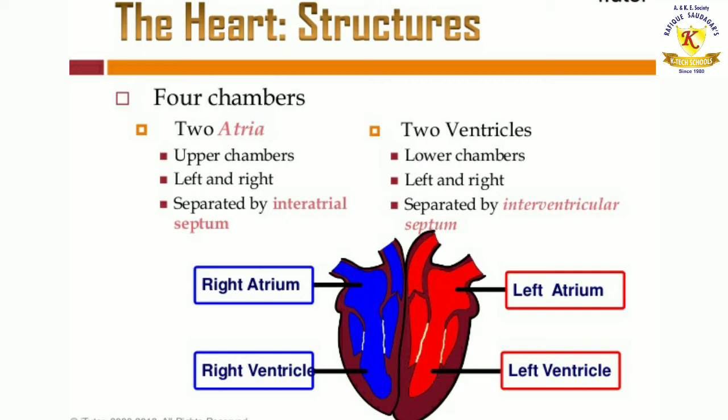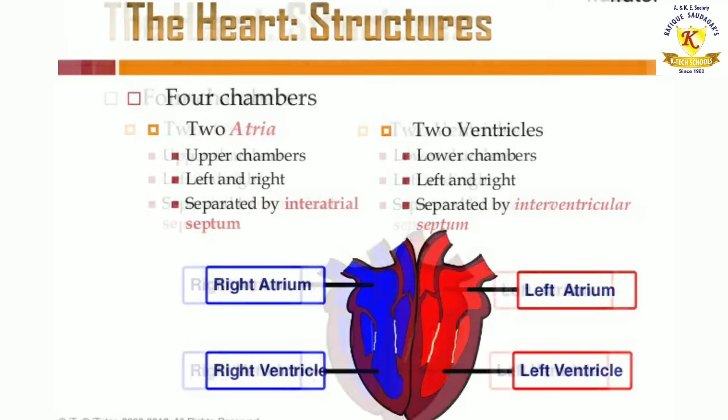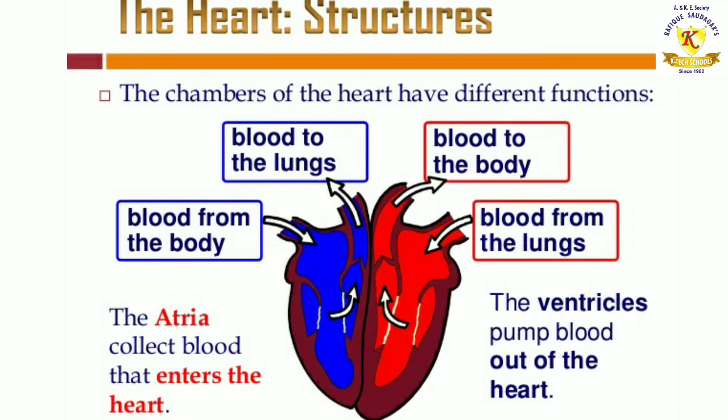So children, the heart has 4 chambers. Got it? The chambers of the heart have different functions. The atria collect the blood that enters the heart, and the ventricles pump the blood out of the heart. So these are the functions of the chambers of the heart.